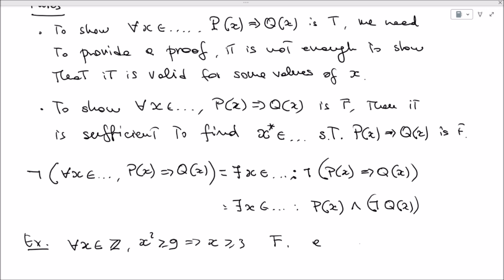And an example would be x equal to minus 25. In fact, minus 25 to the square is larger than or equal to 9, but minus 25 is less than or equal to 3, right? So with this, we can summarize our review of elementary logic.